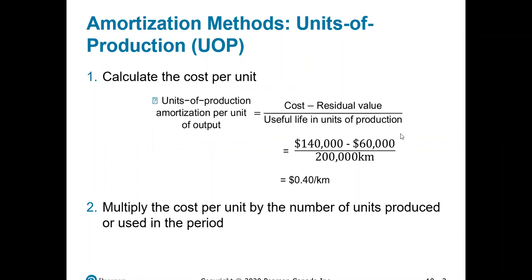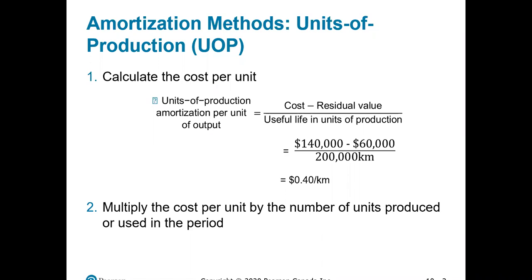We take the cost and we minus the residual value. So right off the bat, we know we have $80,000 as the amortizable cost. But instead of dividing it by its useful life in years, we divide it by the useful life in units of production. So we take $80,000 divided by 200,000 kilometers. If you take a look in the question, you can see that's the number of kilometers we expect this vehicle to last us.